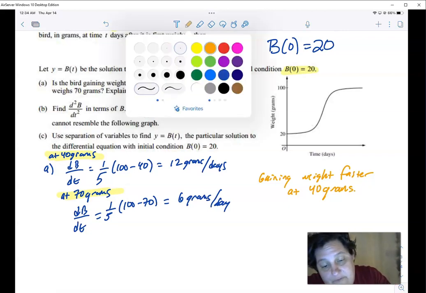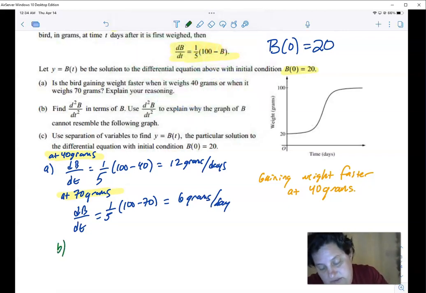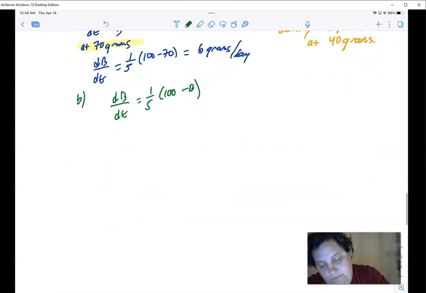All right, cool. Now, for the next part, we definitely do want to find the second derivative. Find the second derivative in terms of b. Explain why the graph cannot resemble the following graph. Let's see. dB dt is 1/5 times 100 minus b. The second derivative: the derivative of 1/5 is 1/5, the derivative of 100 is 0, and the derivative of negative b is negative dB dt.